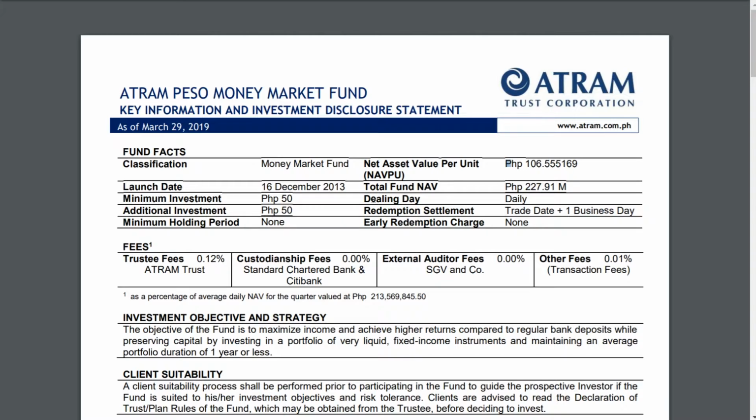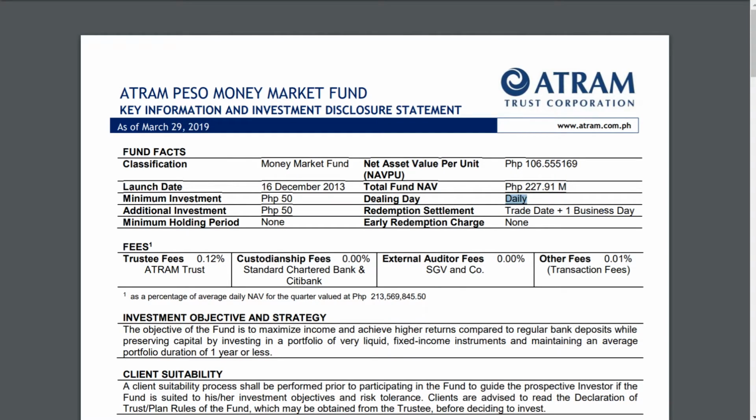Net asset value per unit is about 106 pesos. This is not really relevant as a customer because the minimum investment is 50, which means we can buy a fraction of the unit. Total net asset value is about 228 million pesos, which is the total value of the fund.